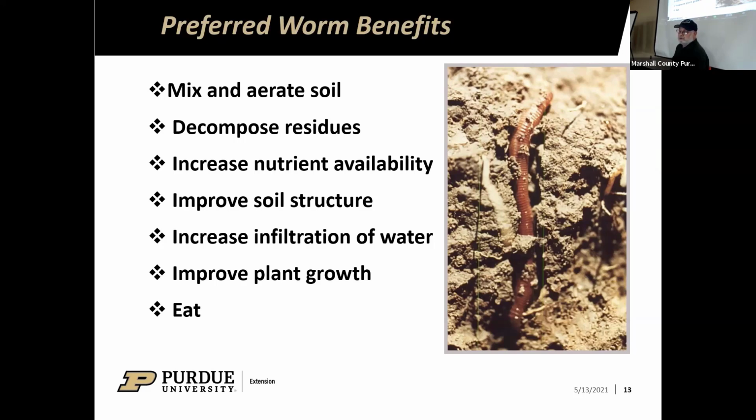They improve the soil structure by creating macropores for roots and water and air to move deep into the soil, increase the infiltration of water, of course, and all of this improves plant growth. So it's a great way that an invasive animal, they're not native to America, but these invasive animals do a good job of helping to improve our soil structure and nutrient availability and water availability throughout the soil profile.